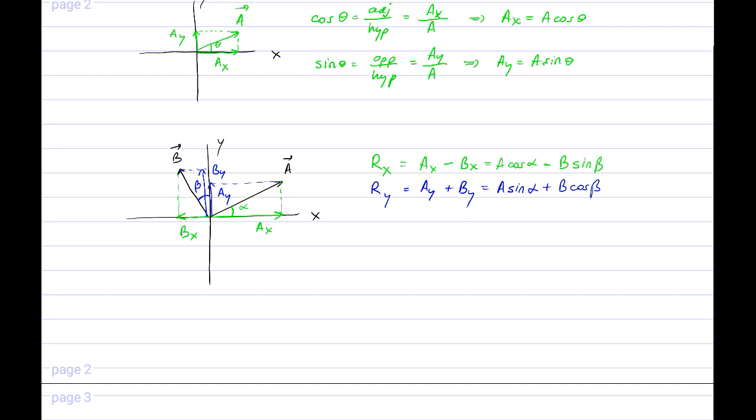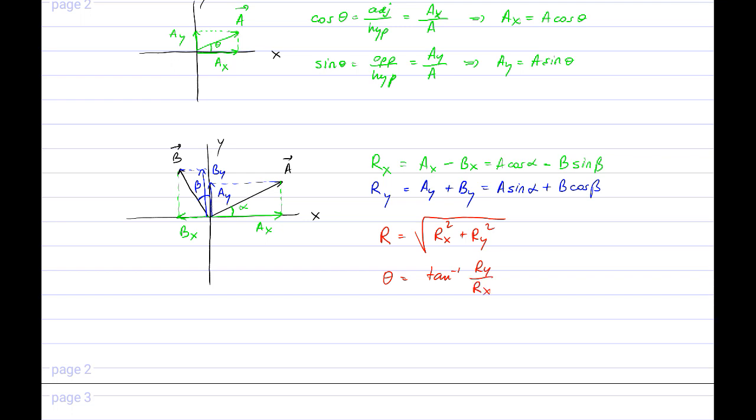Okay, so now that I have the x and y components of vectors A and B, I can find the resultant R, and that is the square root of R x squared plus R y squared. And I can also find the angle that this vector is making with the x-axis, and that is inverse tangent of R y over R x.